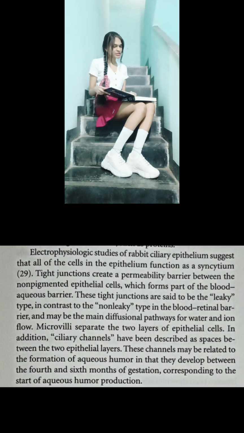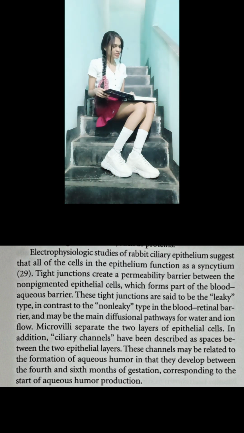Tight junctions create a permeability barrier between non-pigmented epithelial cells, which forms part of the blood aqueous barrier. These tight junctions are said to be the leaky type, in contrast to the non-leaky type in the blood retinal barrier, and may be the main diffusional pathways for water and ion flow.